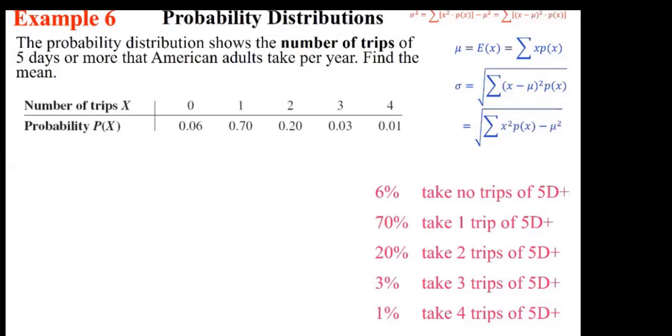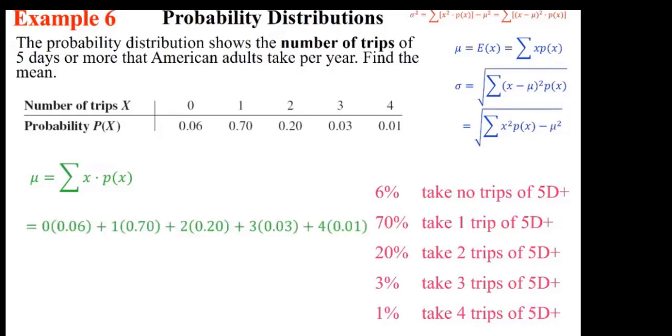So now let's calculate mu, which is the summation of x p of x. That means multiply the top row by the bottom row. So 0 times 0.06, 1 times 0.7, all the way to the end. And so we add them up, and that gives us 1.23.